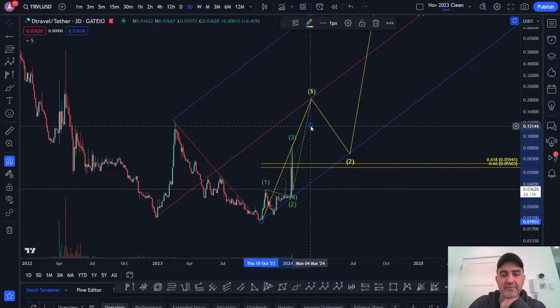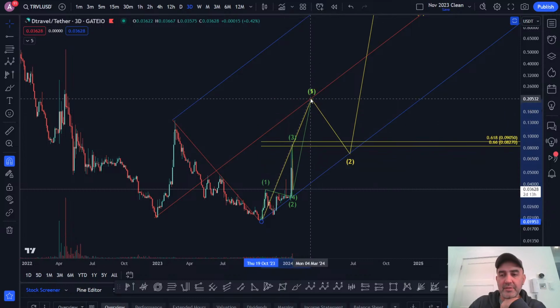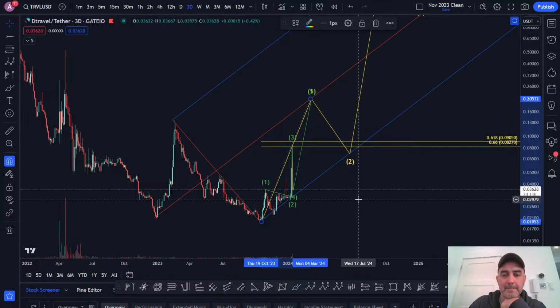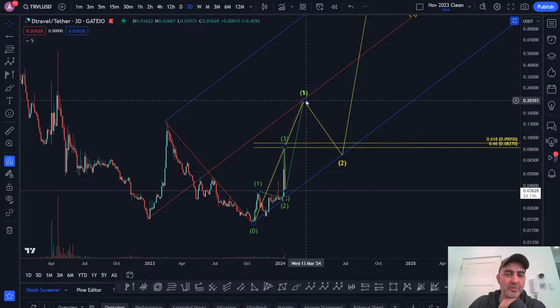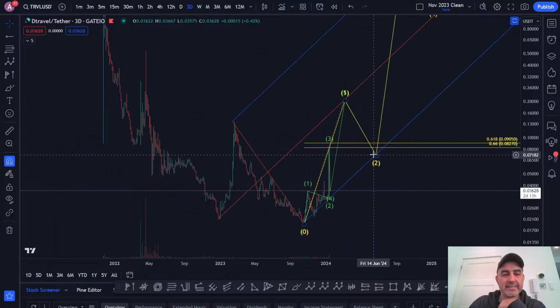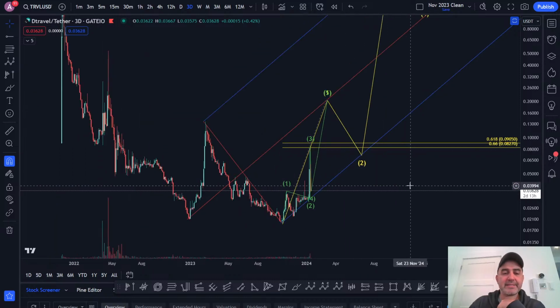And then when you do this fib retracement from the 0 to the 1, the fib retracement puts you back into the golden pocket. See that? Which lands you at 9 cents.